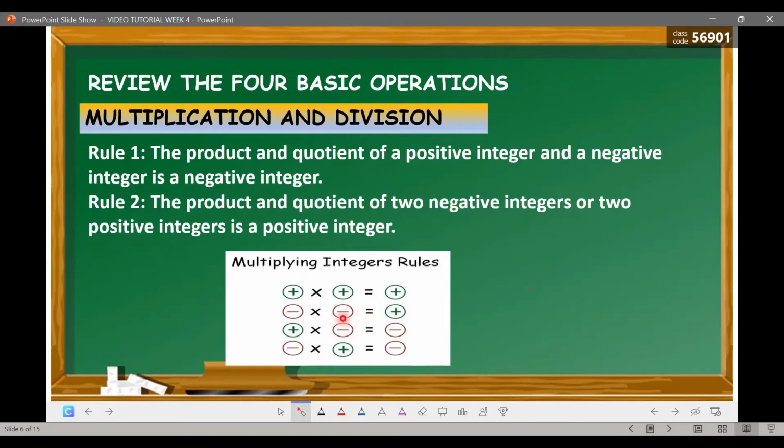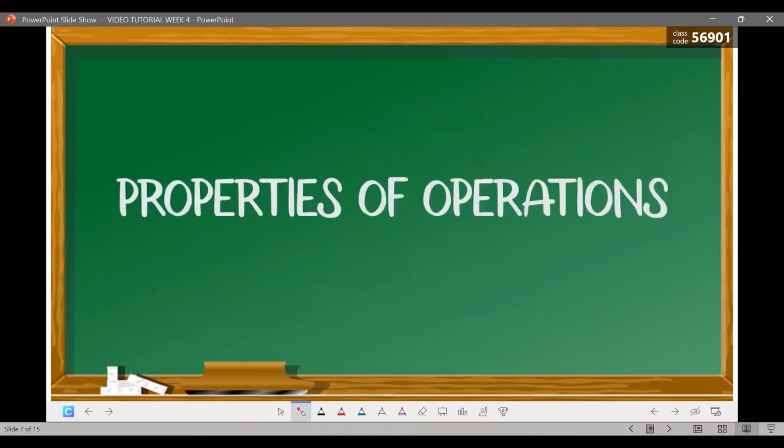But if we are multiplying or dividing unlike signs, for example, positive and negative or negative and positive, the answer will be negative. Okay? Next.